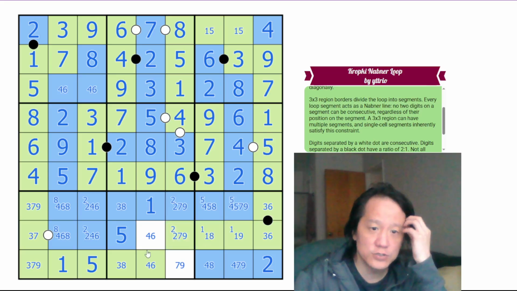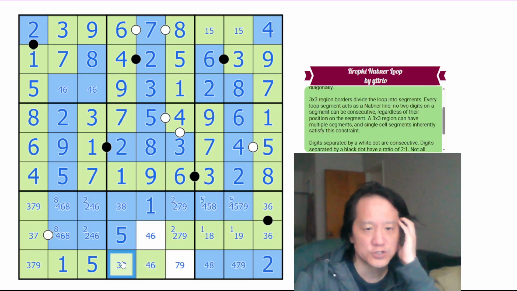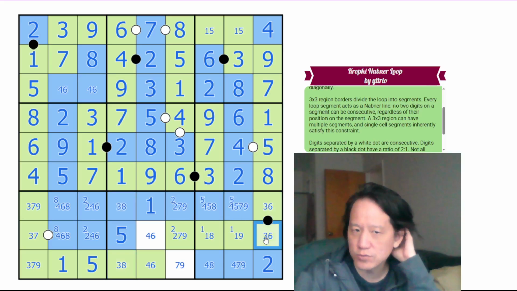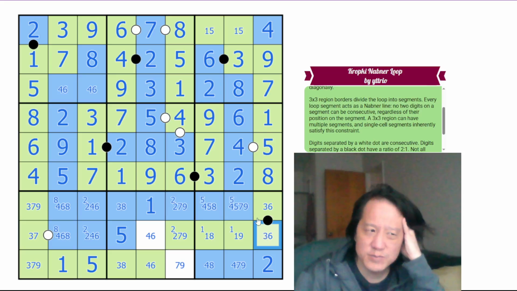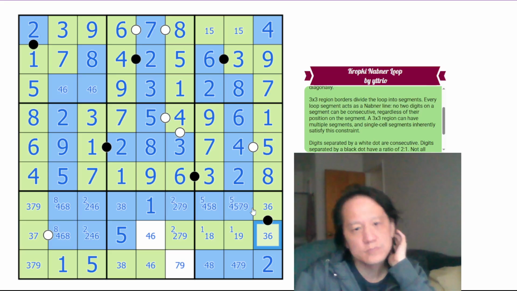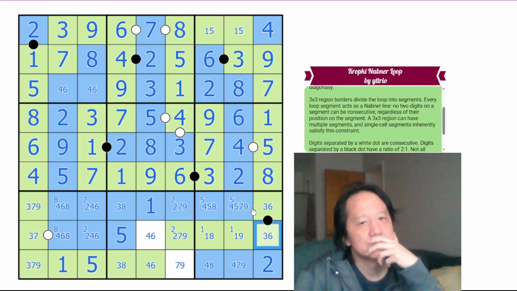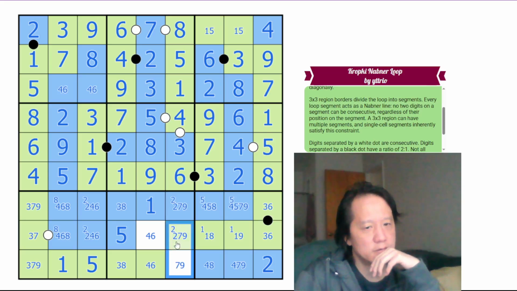Okay, if this is 2, so if it goes this way, this is 4, 6, 4, 6, which forces this to be 8 because 4 is consecutive with 3. So that would force this to be 3, 6, 3. That seems possible. 7, 9, 7, 9, which means this could not be 8.